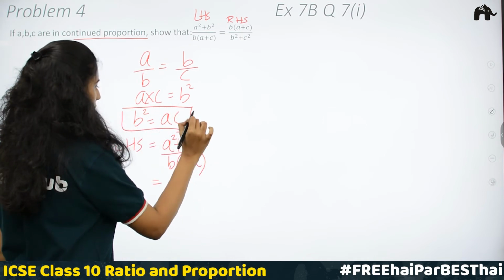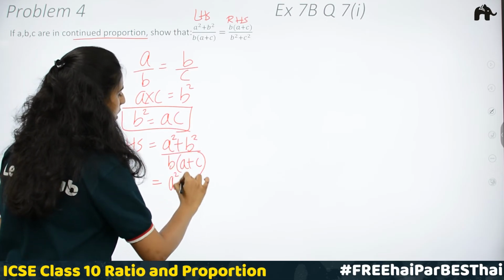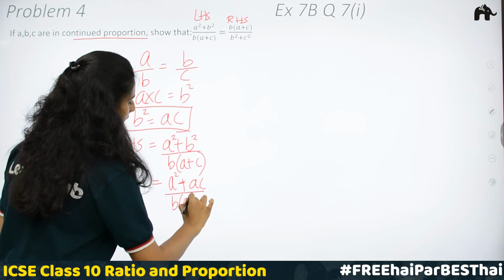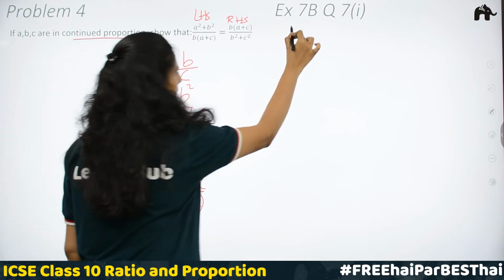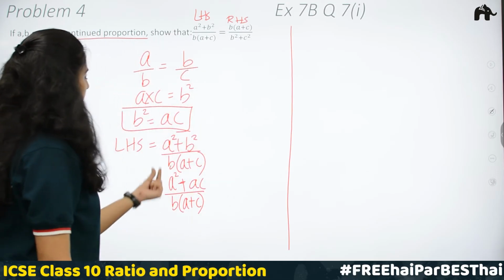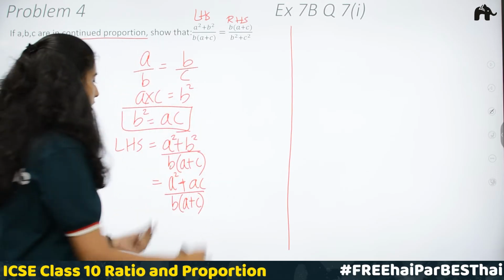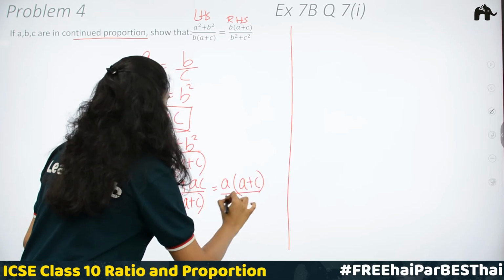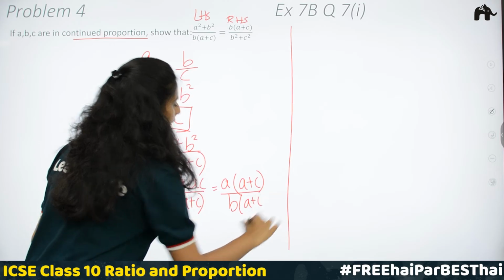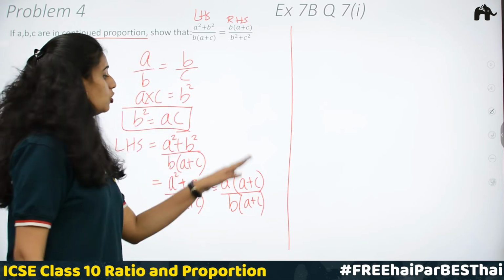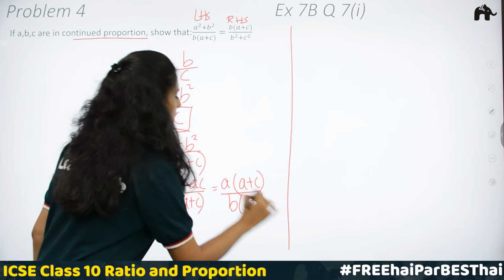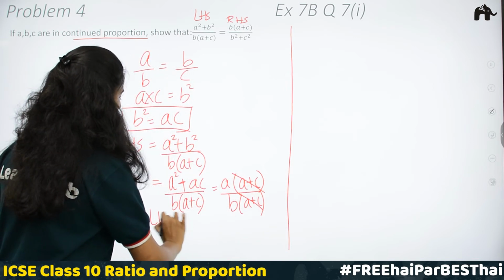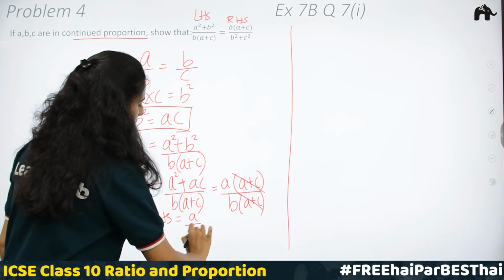This becomes equal to a square plus ac divided by b into a plus c. Okay. Now, here a is common. a can be taken out. a into a plus c divided by b into a plus c. a plus c is common in both numerator and denominator. Therefore, it can be cancelled. Remaining, we have a by b, which means LHS is equal to a by b.